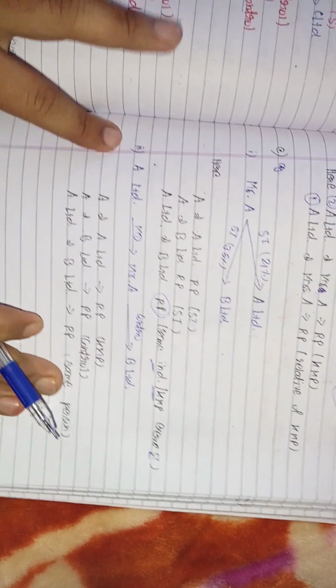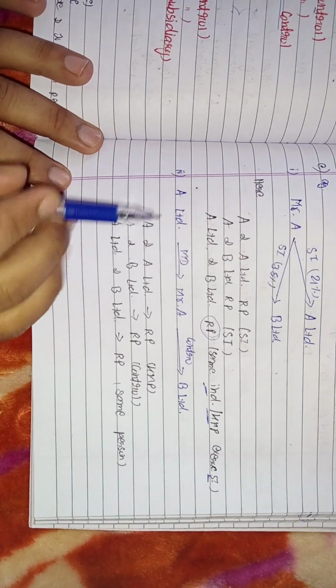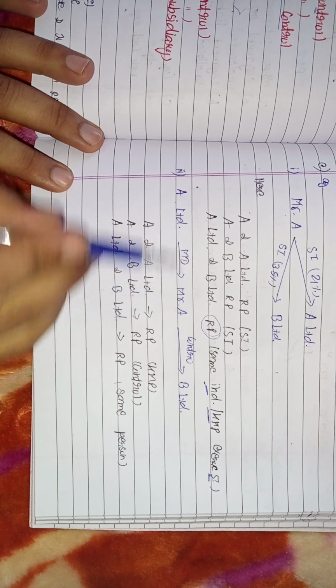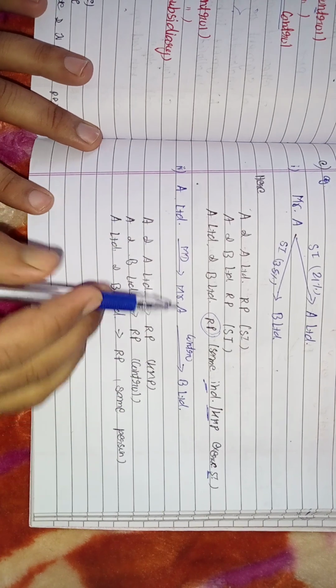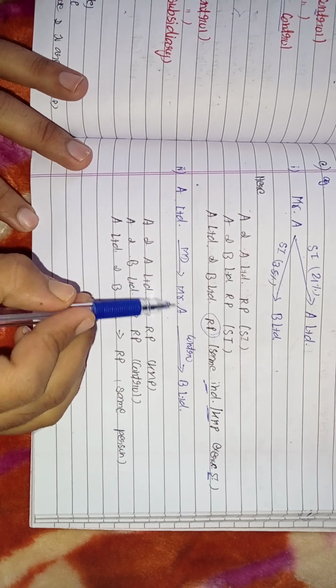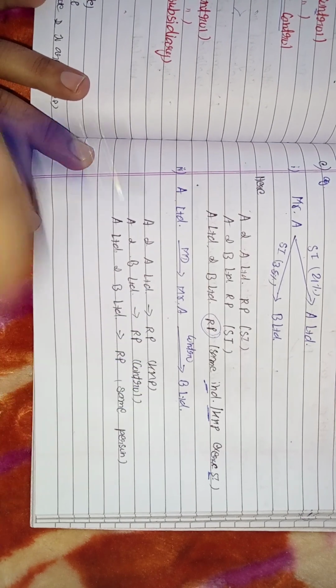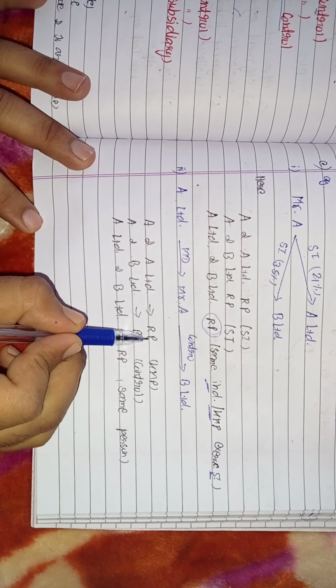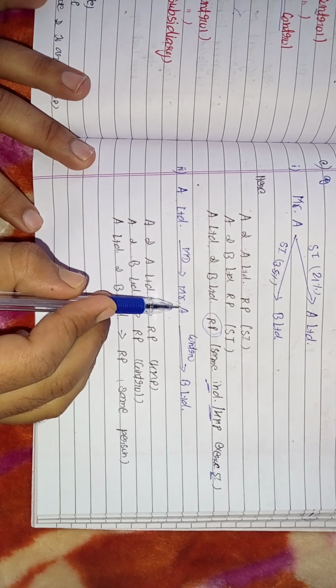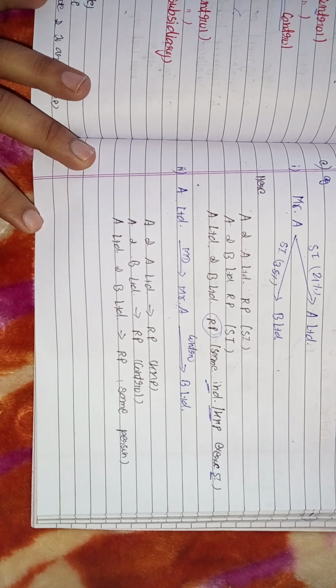Now in the second example, A Limited is there and Mr. A is managing director of A Limited and controls it. Mr. A also controls B Limited. Now A Limited and Mr. A will be related parties because Mr. A is the key managerial person of A Limited.